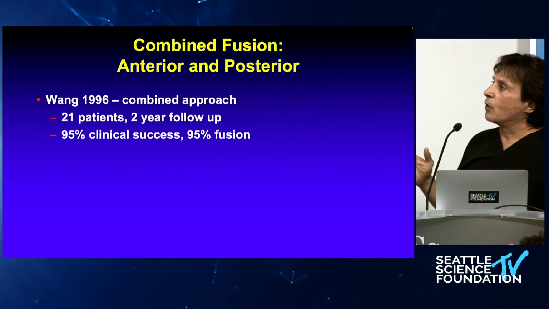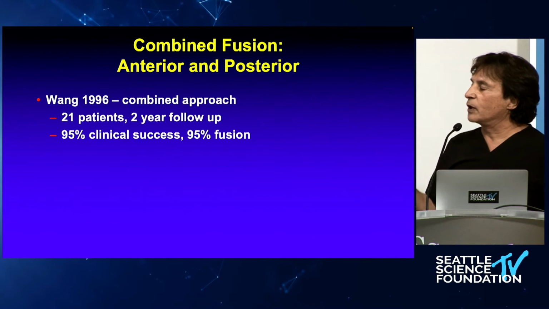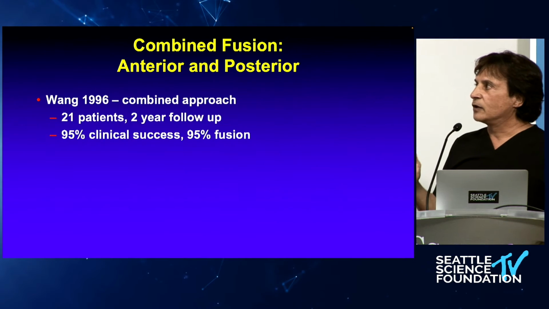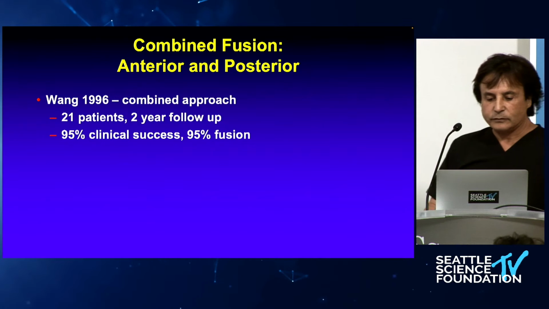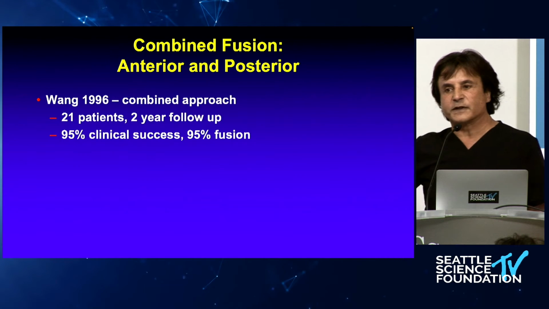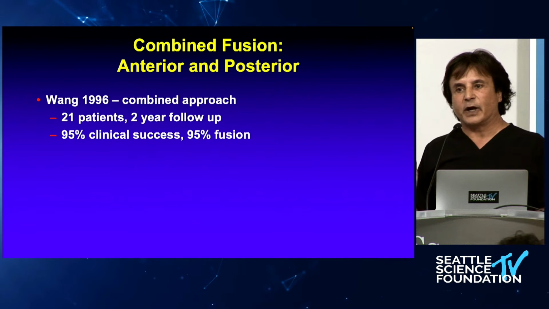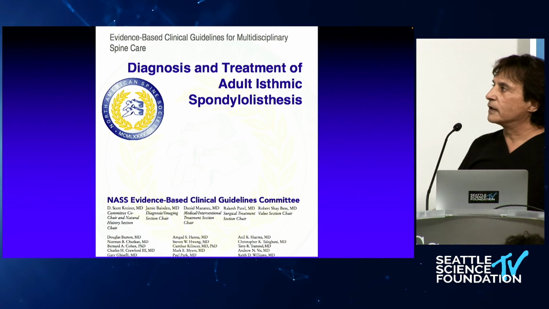Combined anterior and posterior: Wong reported in 1996, 21 patients, 2-year follow-up, 95% clinical success, 95% fusion. So what we see from the studies that are commonly quoted is that it's pretty much all over the place, right? So where are we with all this?